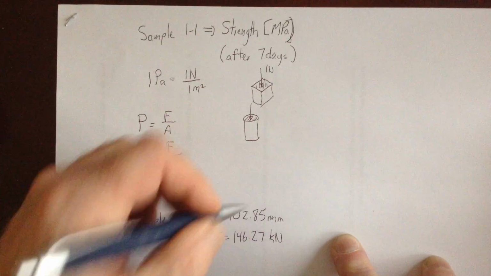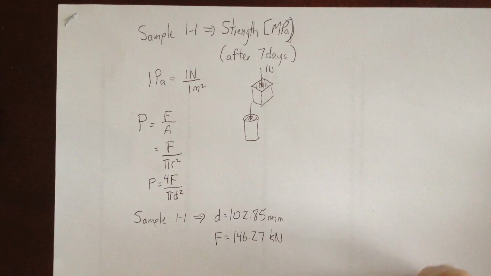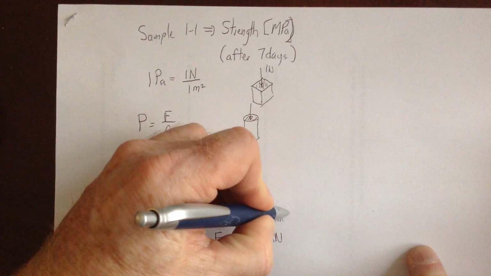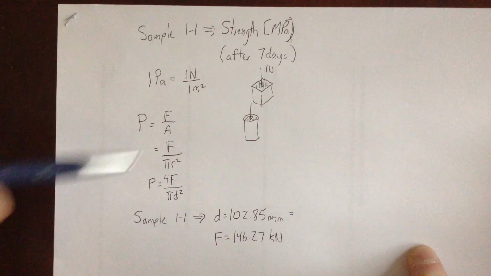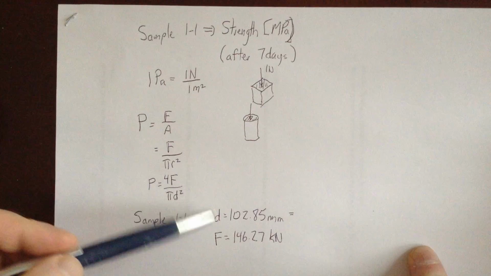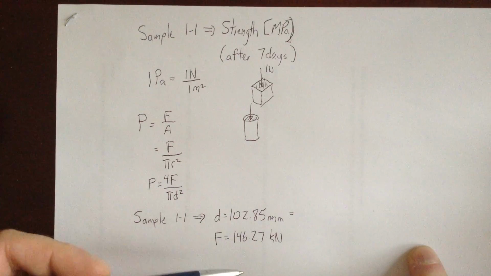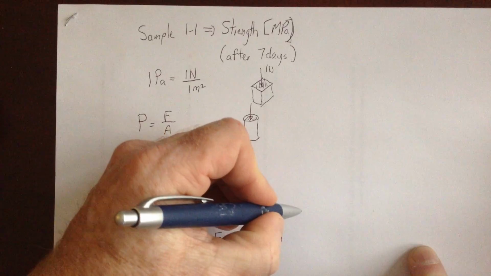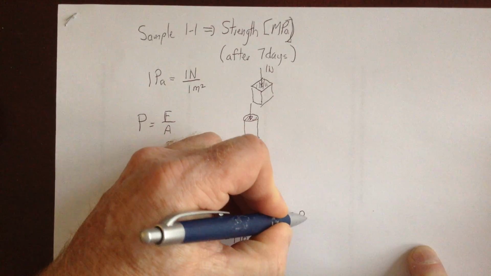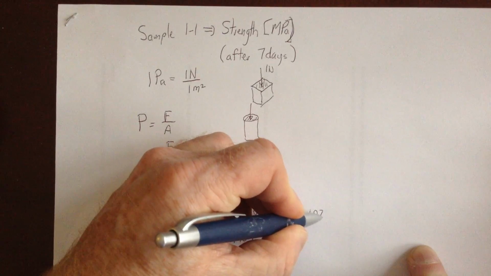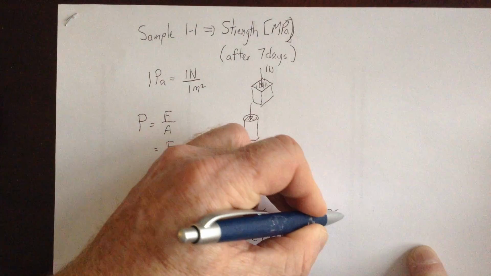That's the force that the compression testing machine pushed on the cylinder in order to break it. One thing I want to do here is get to meters squared. So I'm going to cheat a little bit and convert this to meters right away. Just move the decimal place over 3 places, so 0.10285 meters.